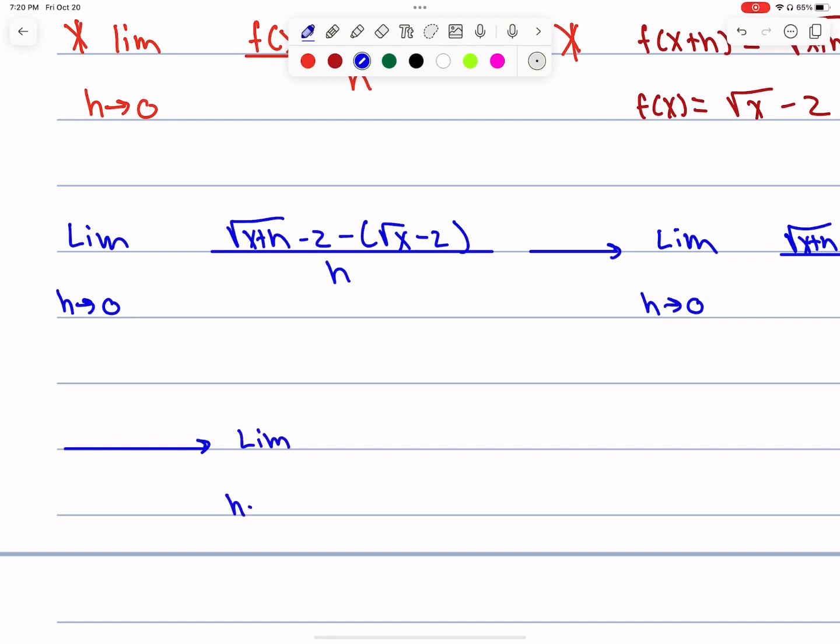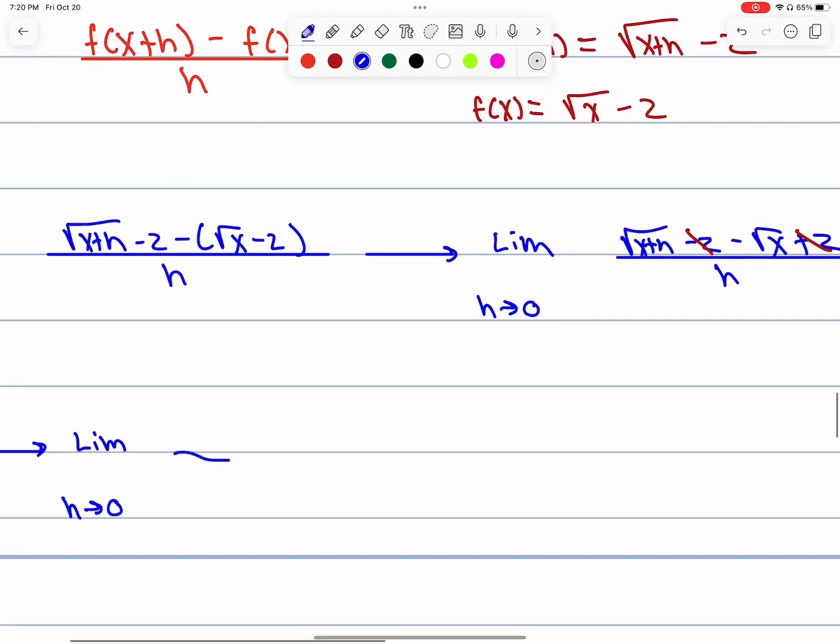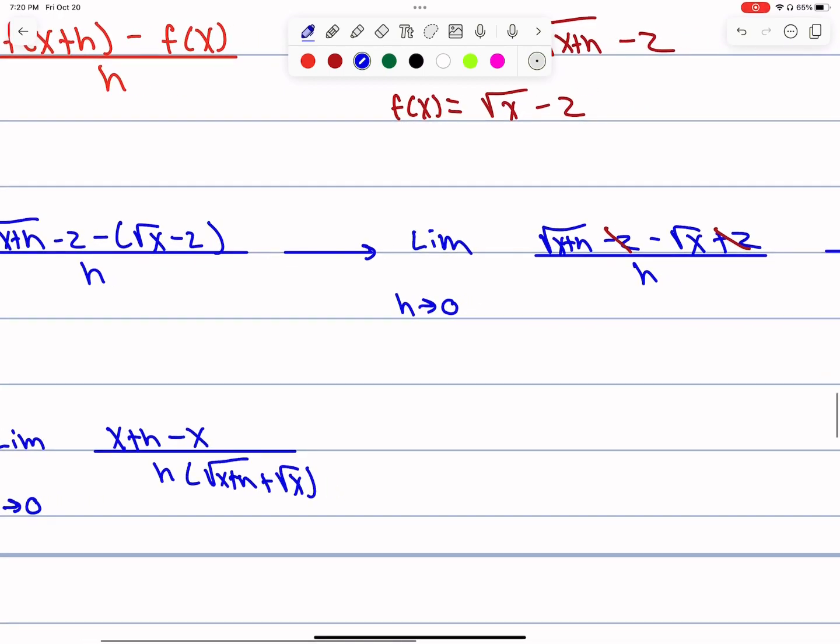That's going to give us limit h going to 0, x plus h minus x over h times whatever you just multiplied by, which was square root of x plus h plus square root of x. And then you can see in the numerator that the x's cancel out.